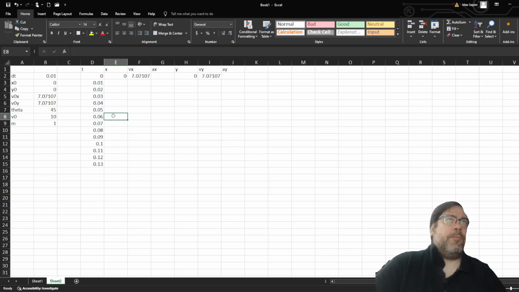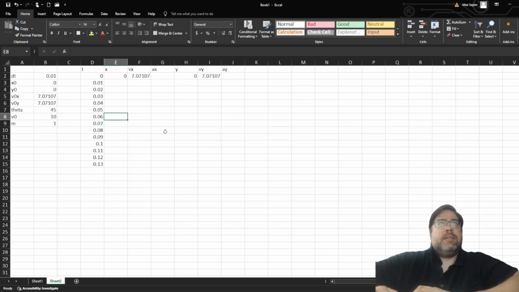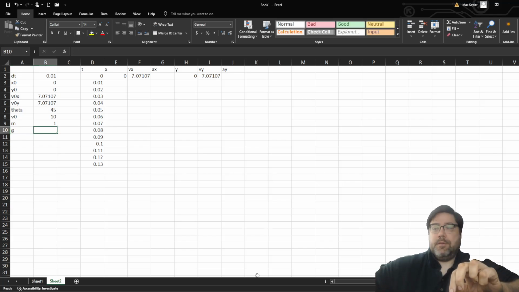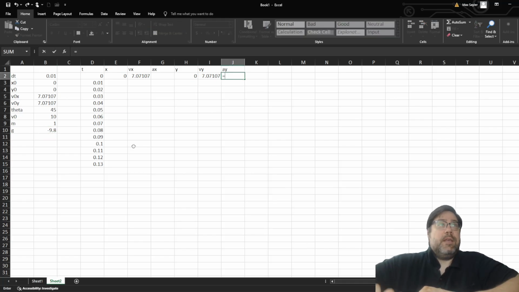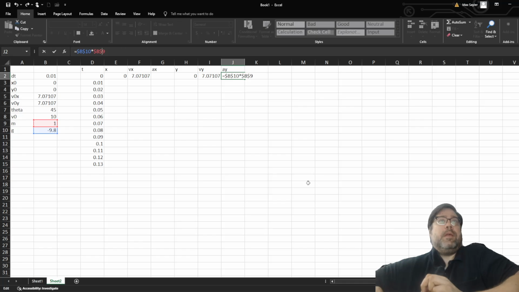All right, so our acceleration in y. Let's just start out with our simple guy. So the force in y is just, well, let's just say g is minus 9.8. So acceleration in y equals g, and again I need dollar signs, 9.8 times the mass, right?